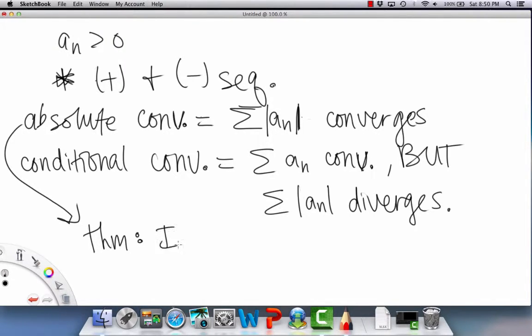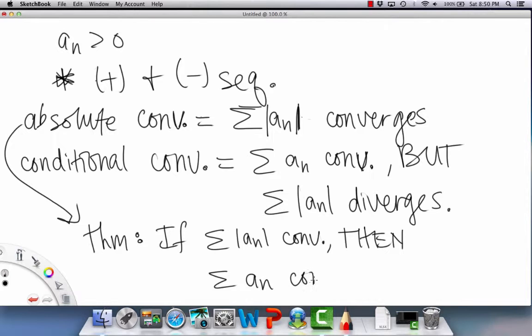It says if the absolute value of a sequence converges, then the sequence itself, without the absolute value sign, will converge as well. That's the theorem to go along with absolute convergence.